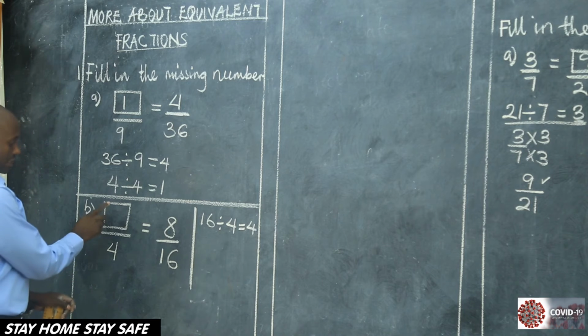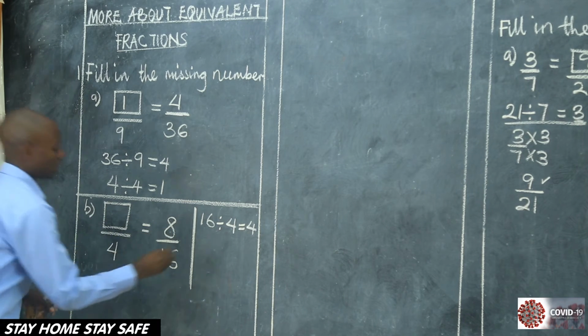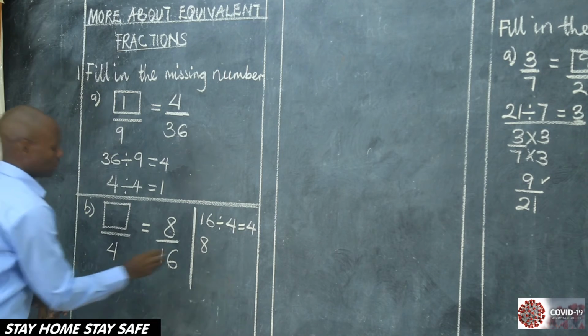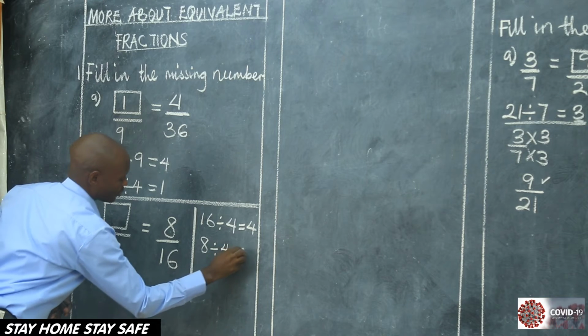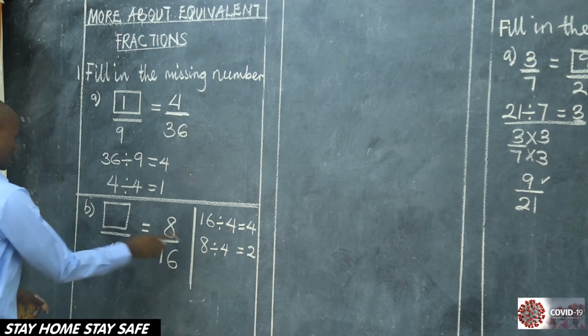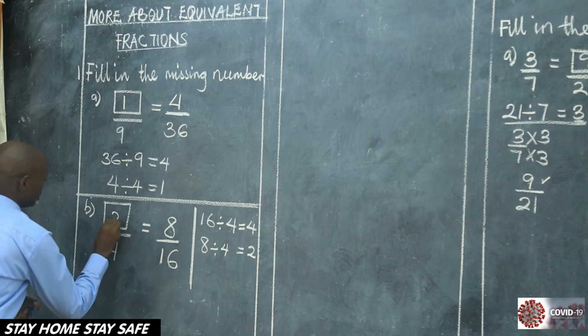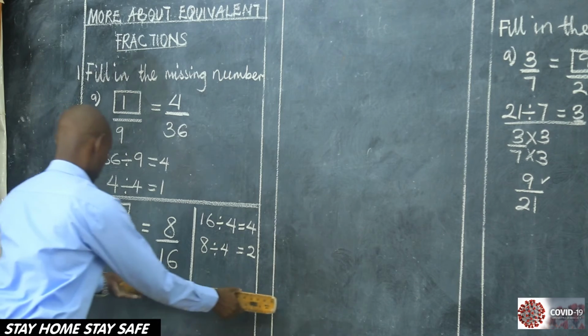But we know that this one is supposed to be smaller than this 8. So we shall again get 8. We divide it by the answer which we have got here. And when we divide, we shall get 2. Therefore, the answer here is going to be 2.